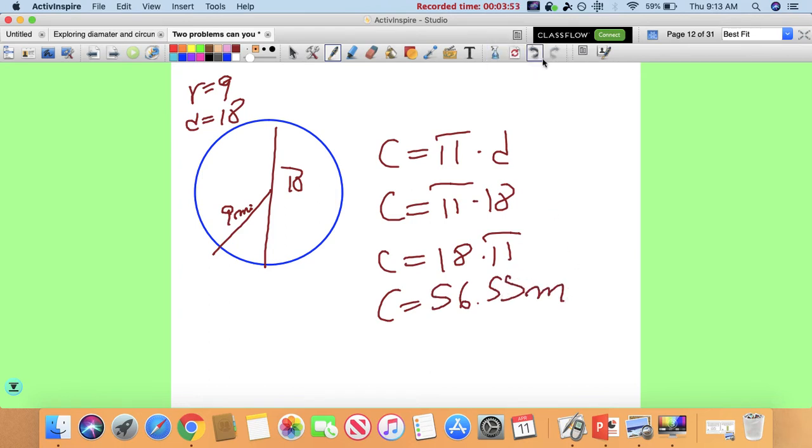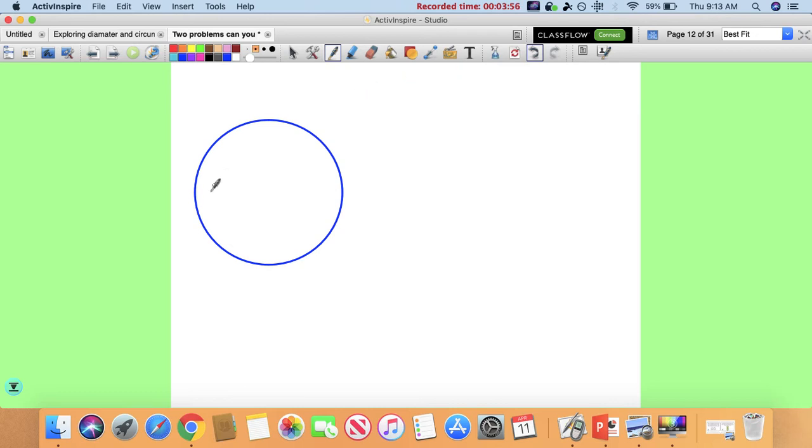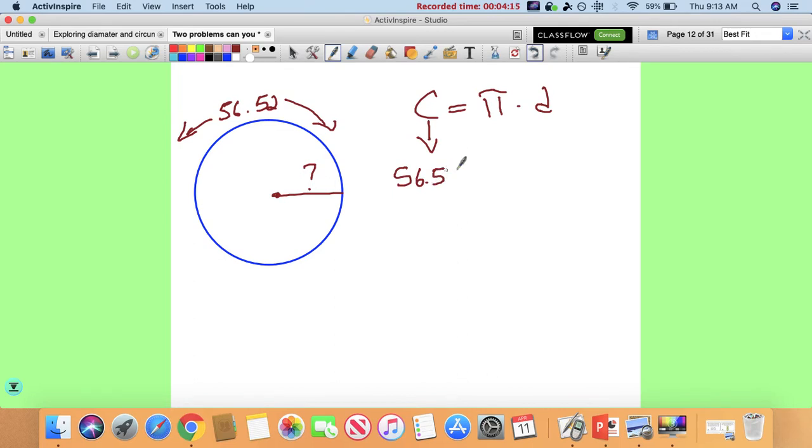The second section, we're given the circumference. So we need to find the radius. So we don't know what this is. So the circumference going around is 56.52, right? So this one's a little bit different. The circumference is 56.52 equals pi d. Now we're going to divide by pi. This crosses out. So on your calculator, do 56.52 divided by pi.